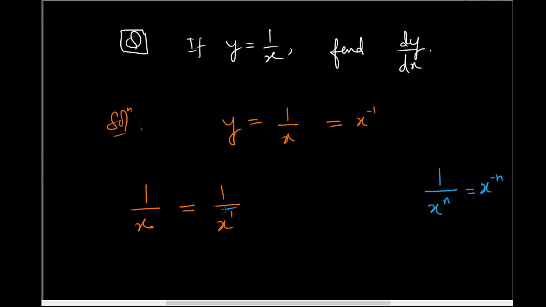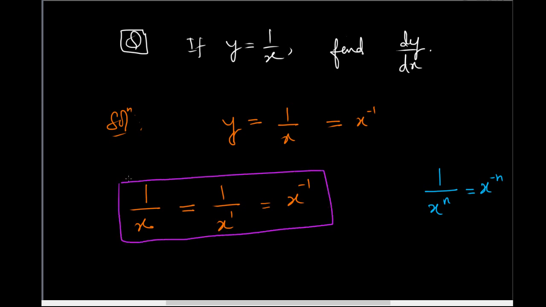If we bring x to the 1 into the numerator, the exponent becomes negative, so the negative of 1 is -1, just like the negative of n is -n. Likewise, 1 over x is the same as x to the -1.